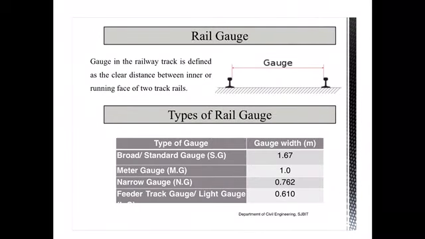Next, the first component of the railway track is the rail gauge. As you can see in the picture, these two show the rail sections, and the distance between the inner edges of these two rails we call the gauge. The gauge is measured as the distance between the inner or running faces of the two rail sections, or you can also call it the clear distance between the inner or running faces of the two rail tracks.